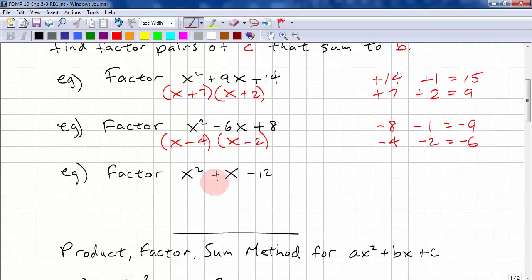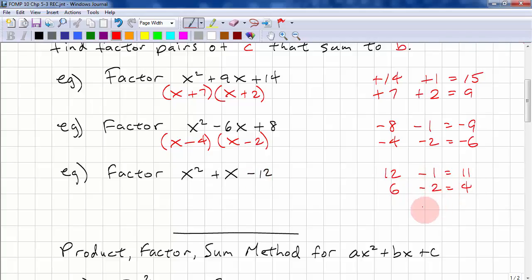Otherwise, the answer is going to be negative. So 12 and negative 1, that's 11. 6 and negative 2, that is 4. And just a reminder, 6 times negative 2 gives us our negative 12.